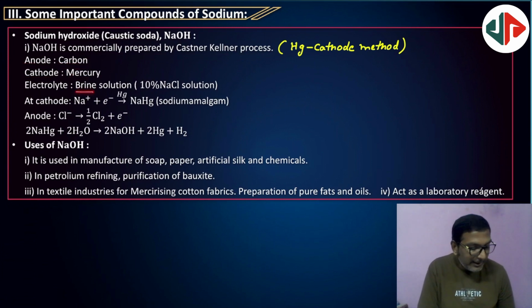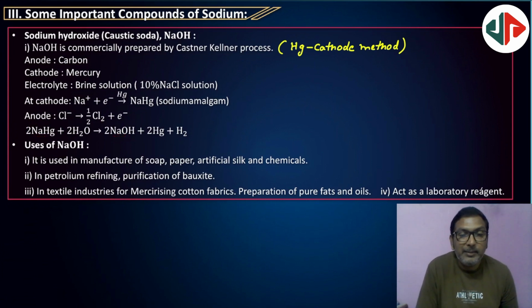Here the electrolyte is brine solution, that is concentrated solution of NaCl. At cathode, amalgam will be released. At anode, Cl2 gas is released. From amalgam, we can get NaOH.